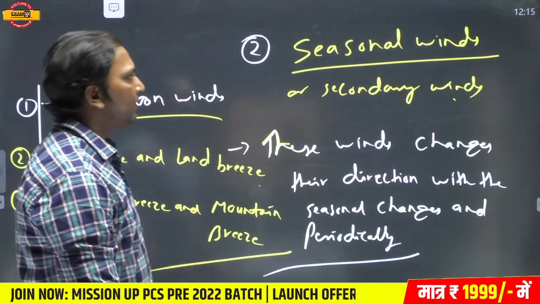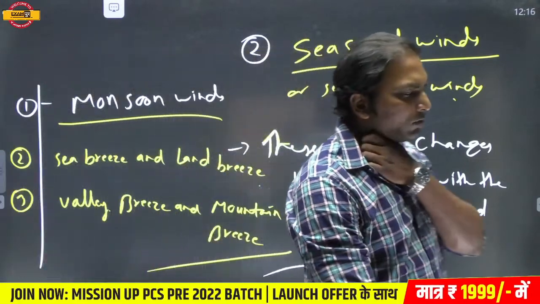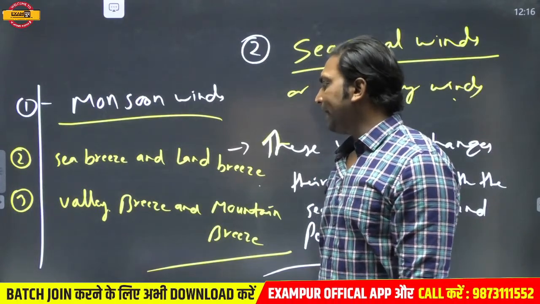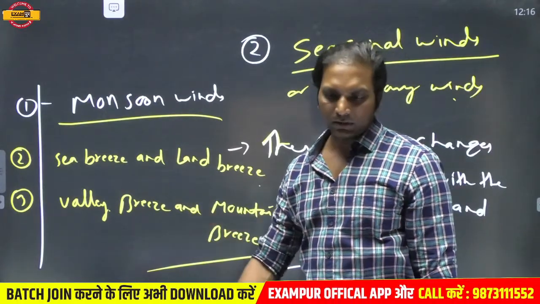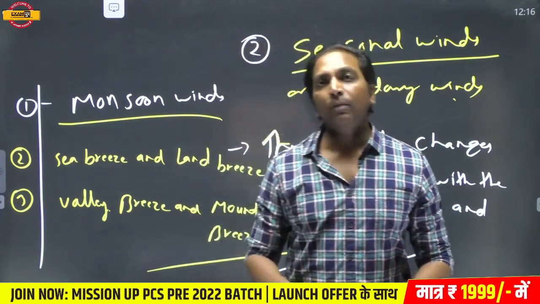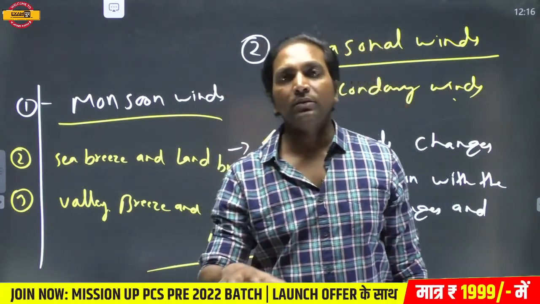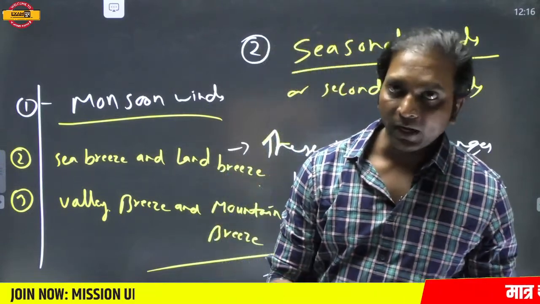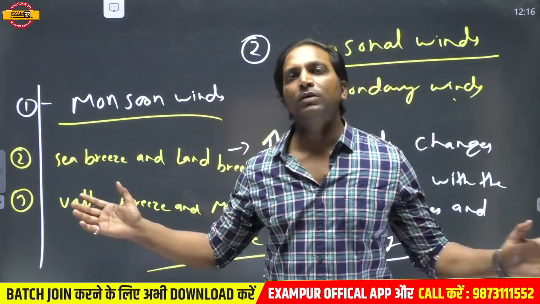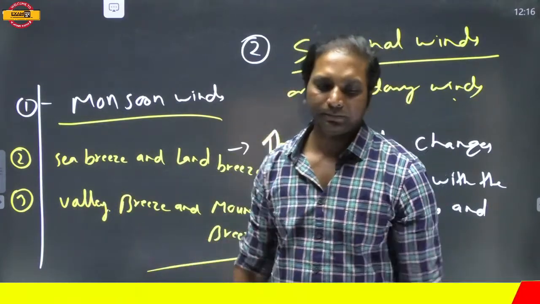So in seasonal or secondary winds, we are going to take monsoon winds, sea breeze and land breeze, and also valley breeze and mountain breeze. Today we are going to complete the whole section of winds. If you complete this whole lecture and then make questions on winds, you will be able to solve all questions of winds.